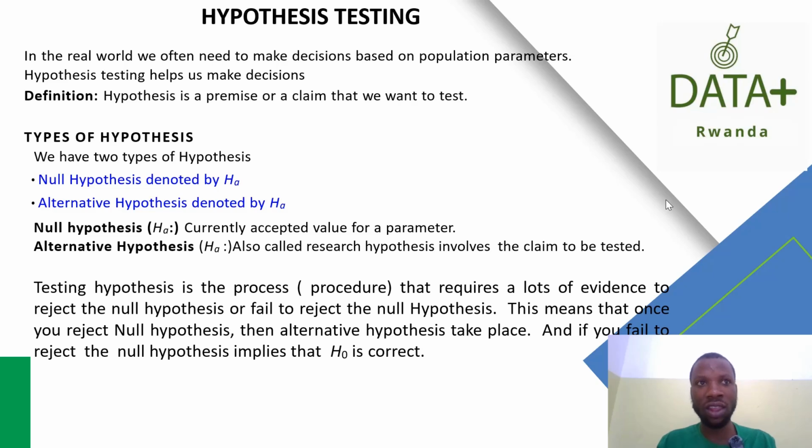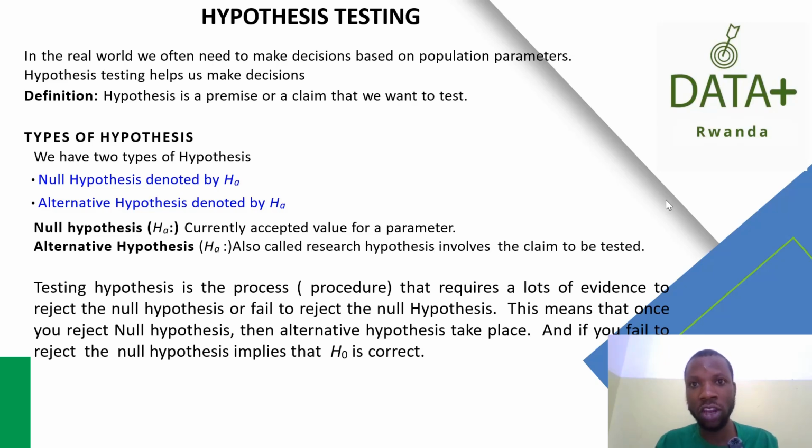The side we are supporting once we go to the field is the alternative hypothesis. And we are testing the hypothesis. It is the process that requires a lot of evidence to reject the null hypothesis, to reject what is on the table, or to fail to reject the null hypothesis.